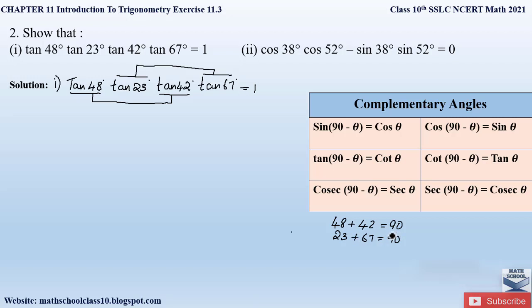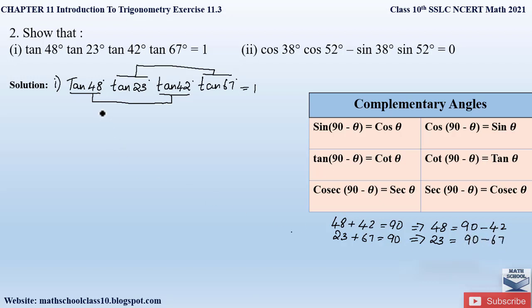So by sending 42 to the right hand side, we can write 48 equal to 90 minus 42. Similarly, you can change either the 23 degree angle or the 67 degree angle. If we change the 23 degree angle, we can write 23 equal to 90 minus 67.